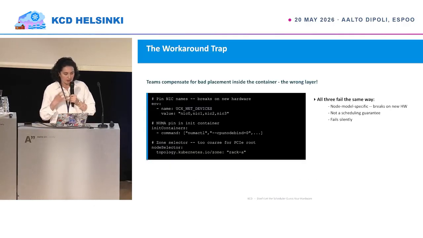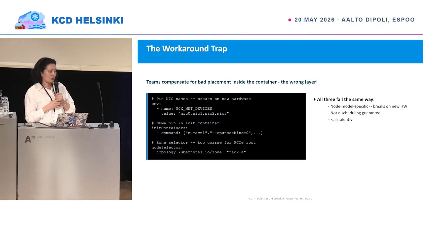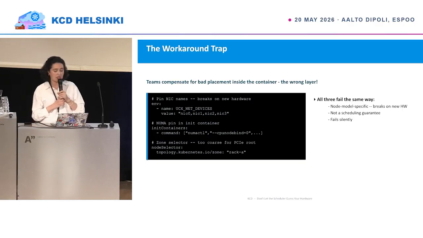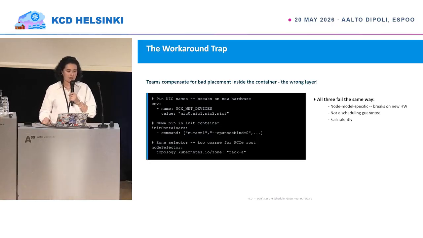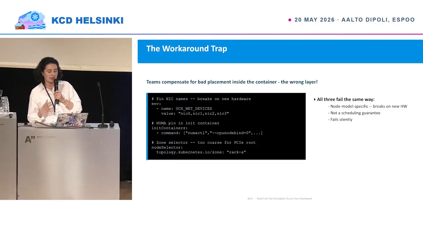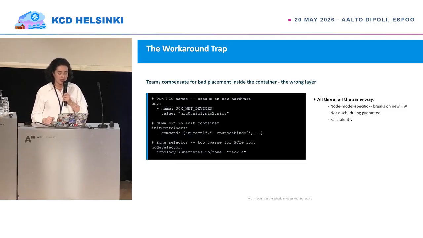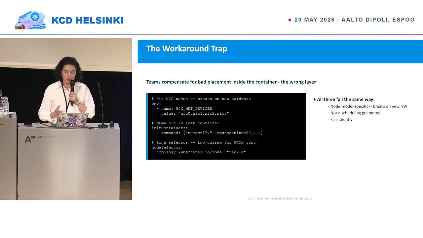Teams today reach for quick workarounds to fix these topology issues. One of them is to pin some of the device lists at the container level, bringing the topology to the container level, etc. But all these fixes fail because they are bound to specific nodes.